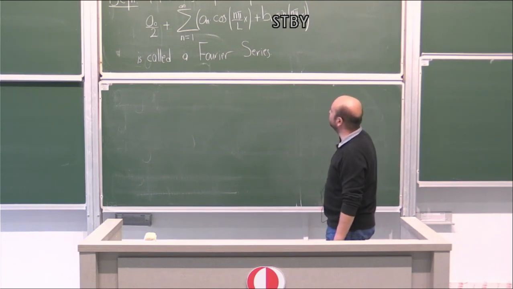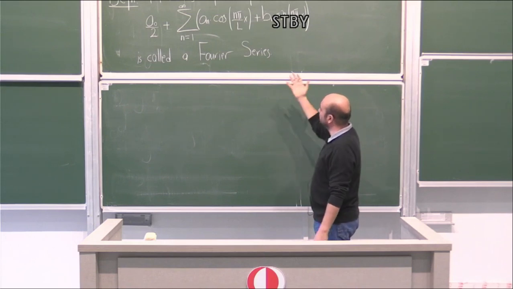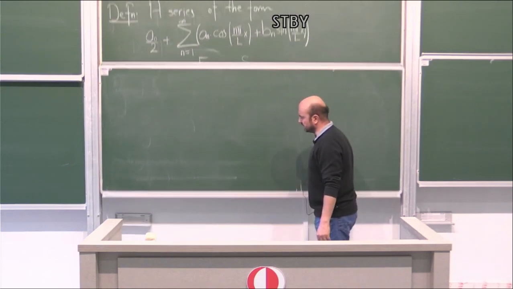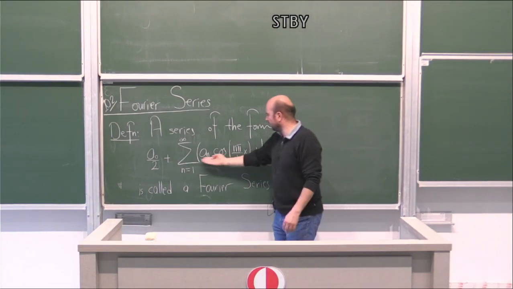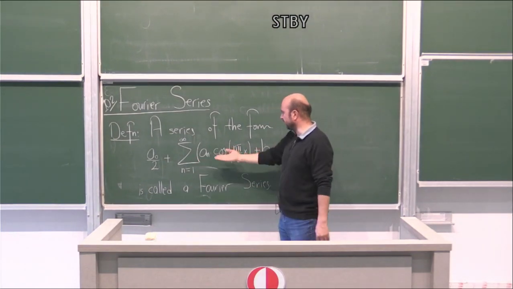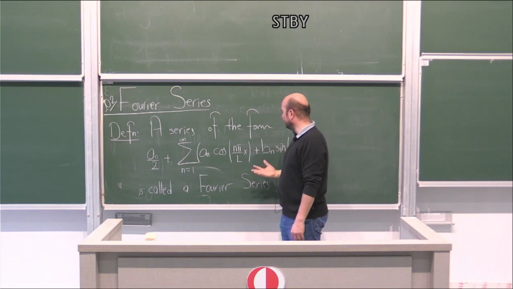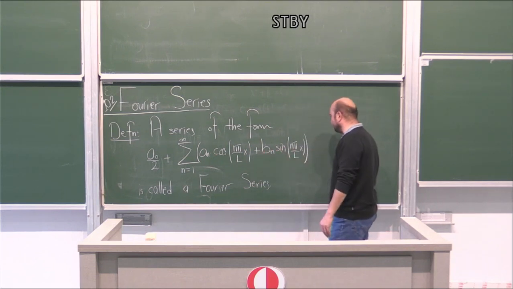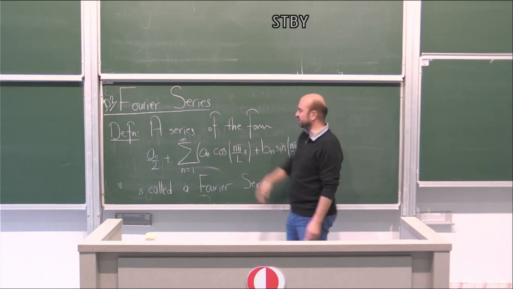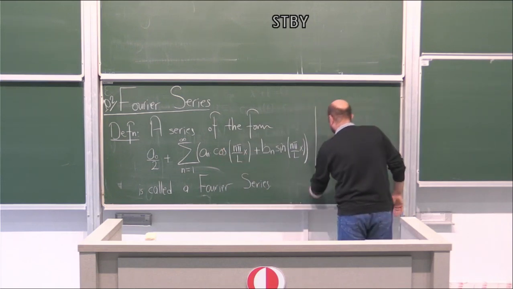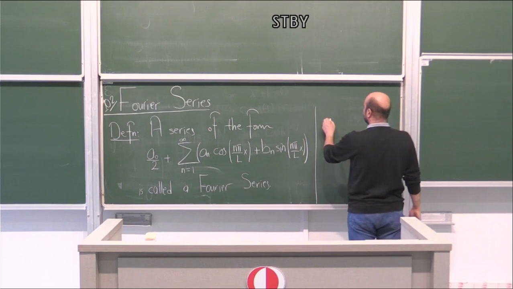I just want to pass the following quickly. Of course, this is a general Fourier series. It contains sines and cosines. If there are no sines, if you just have cosines, it's called a cosine series. So, let me just write it here.